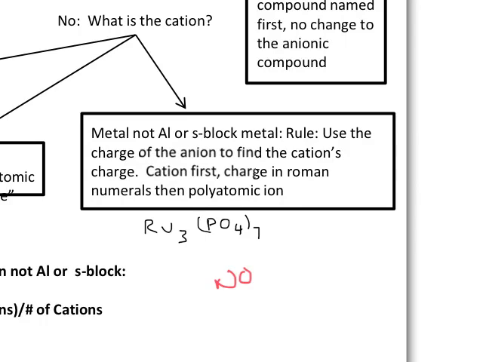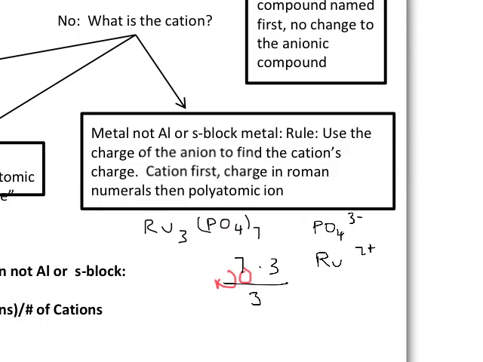One tidbit: whenever you see parentheses, that means more than one polyatomic ion. Whatever is in parentheses is a dead giveaway. That's what your polyatomic ion is. So here our polyatomic ion is phosphate. And phosphate is a -3. So I have 7 things with a charge of 3 divided by 3 rutheniums, and so that means ruthenium is +7.